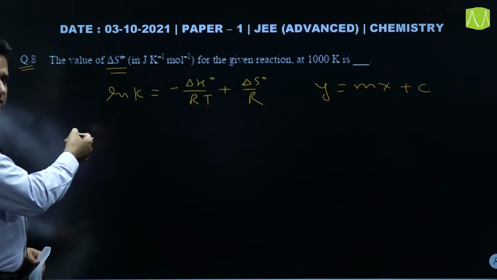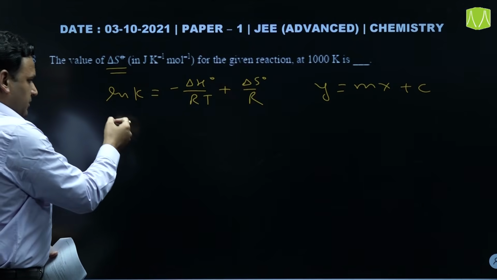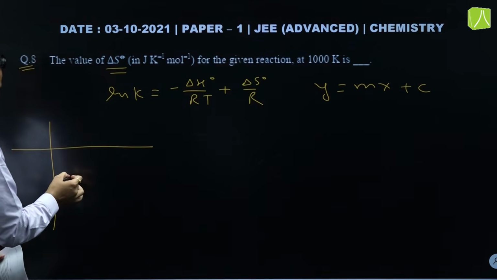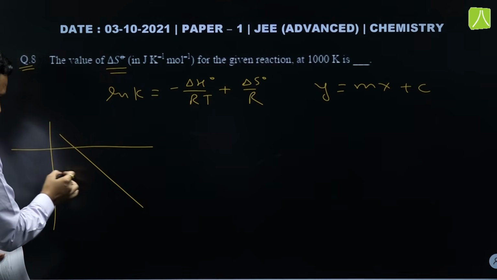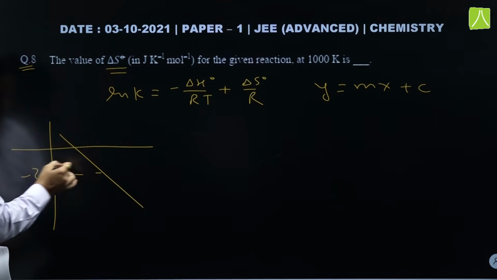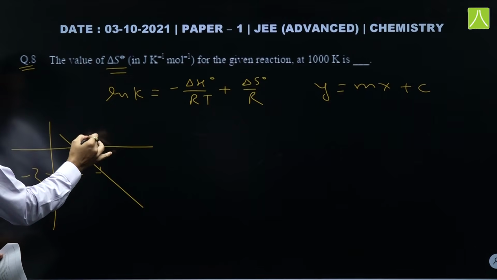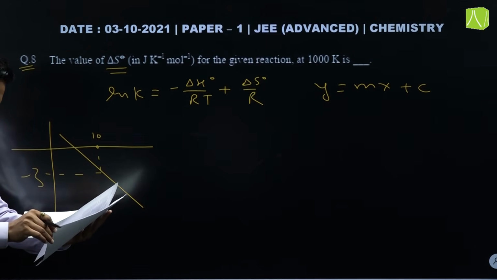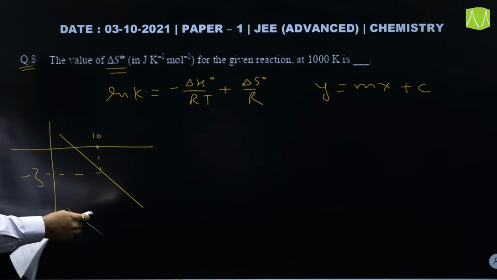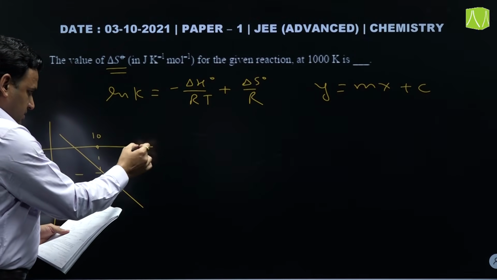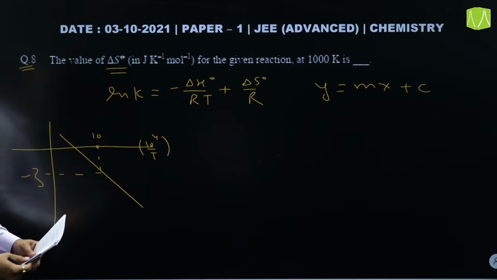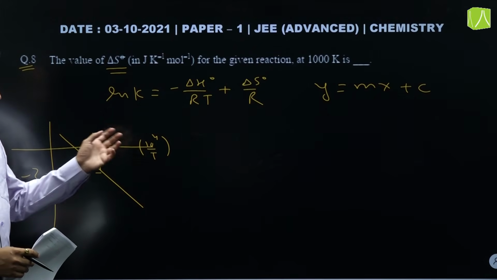So, let us substitute the value ln K. One of the points in the graph, this type of graph is given to us. The straight line is passing through the position minus 3 and this is, I think, the value is 10, that is correct, and the x axis is 10 raised to power 4 upon T. So, let us substitute the values.